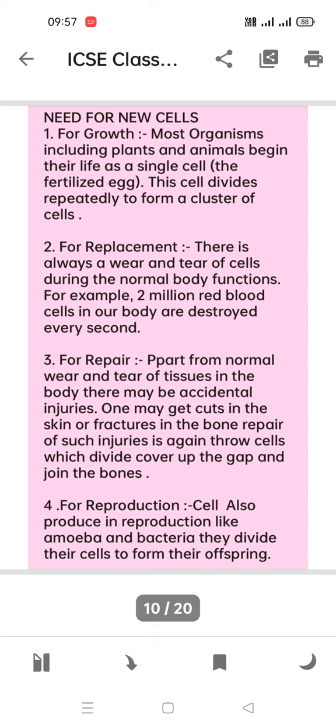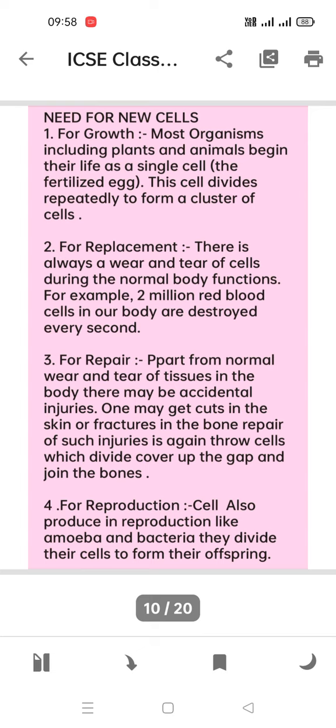Next is for repair. How repair? Suppose you got some injury. Within a week, either you can see a black layer on that particular bone, or else your bruise will disappear permanently. How does this happen? Because of the enhancement of the cell.